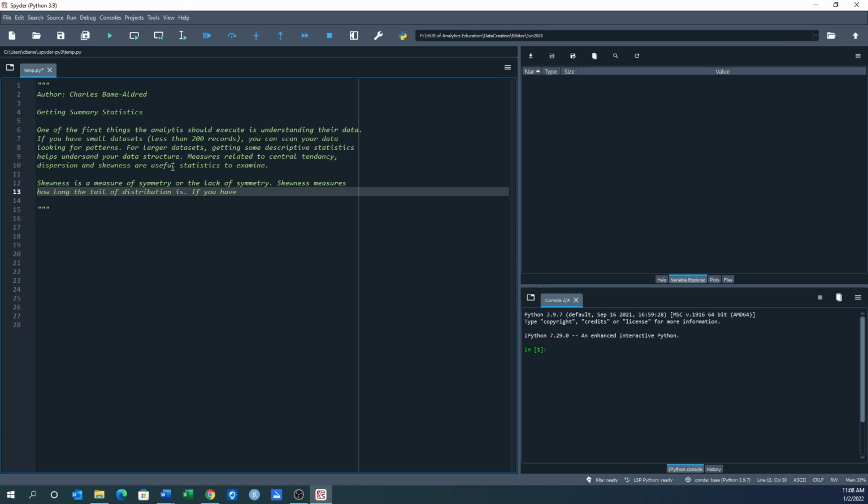If you have positive skew greater than 1, you have central tendency on the left and a long tail to the right. Negative skew is the opposite.